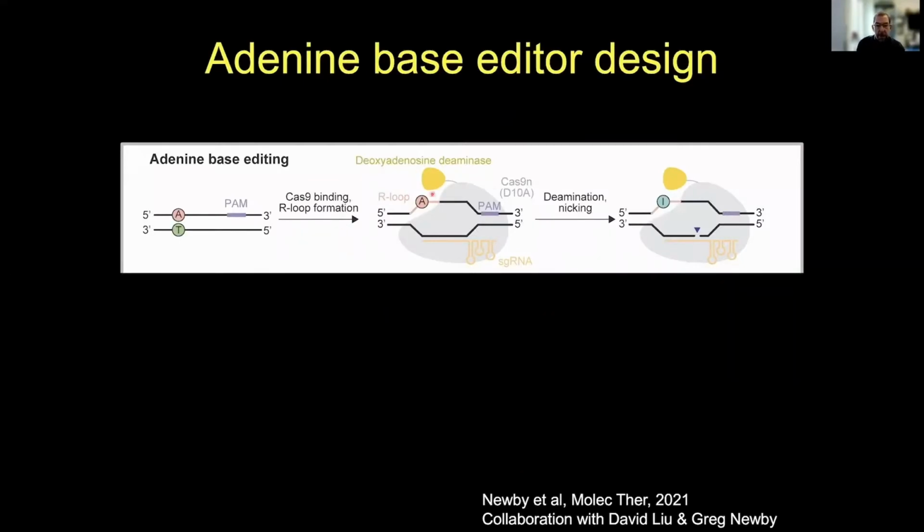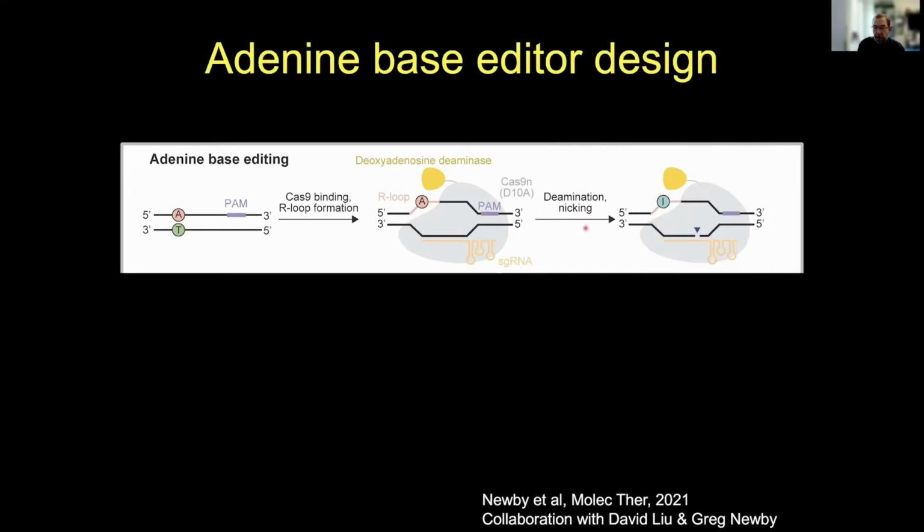So the design of the base editors is from our collaborator, David Liu and colleagues. And here there is a catalytically inactive Cas9 linked to a deoxyadenosine deaminase. There is nickase activity, and it's guided to an appropriate PAM by the guide RNA.